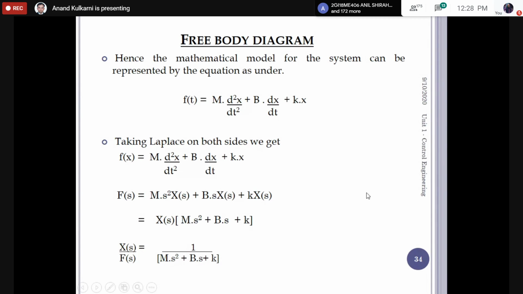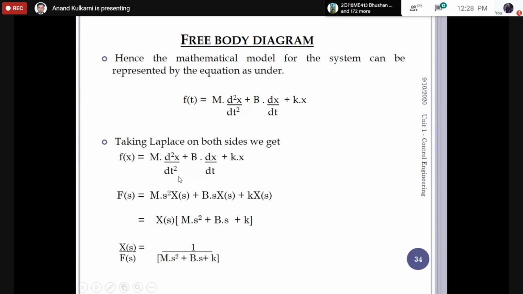Now, all initial conditions are 0. Looking at this equation, this is a linear time invariant equation, because m, b, and k are constants. Similarly, x is the dependent variable, which depends on time, and time is the independent variable.